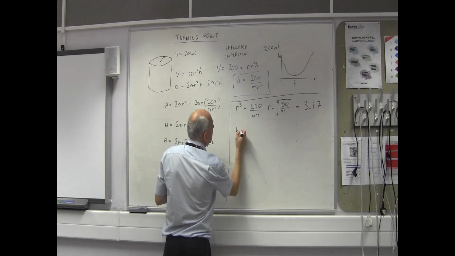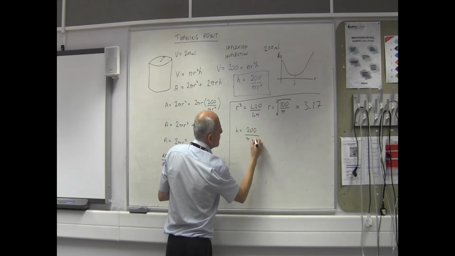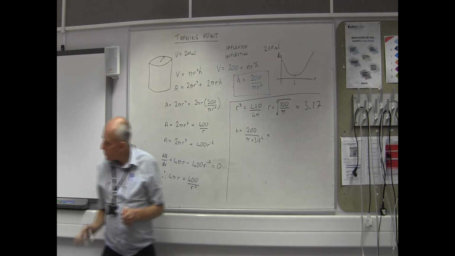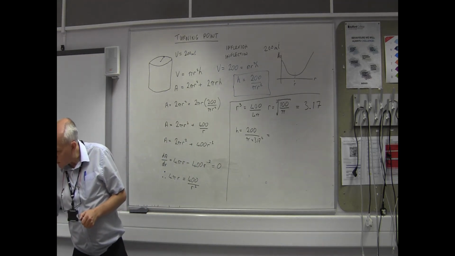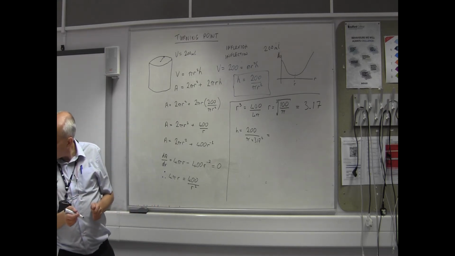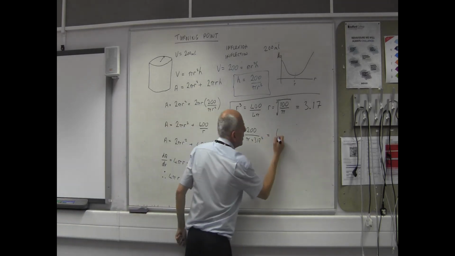So the height will be 200 by pi, so times 3.17 squared. Anyone want to tell me what that is? 6.335. It is indeed, yeah, 6.339 I got, but depends how much rounding you do.